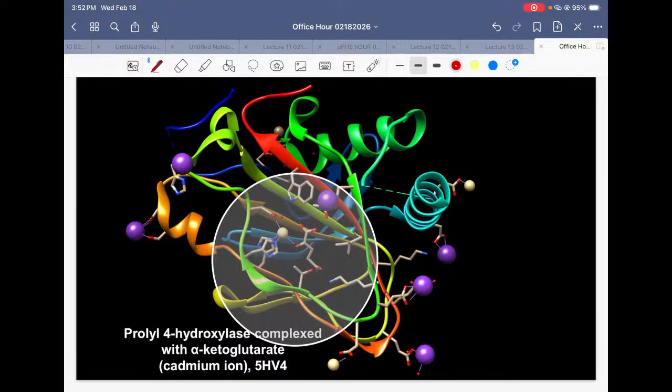And what is this enzyme catalyzing? The enzyme catalyzes the hydroxylation reaction. When the protein is made, they make proline, right? And then these enzymes are going to catalyze the reaction that changes this proline into hydroxyproline. So that reaction involves this enzyme, and that enzyme needs help to go back.